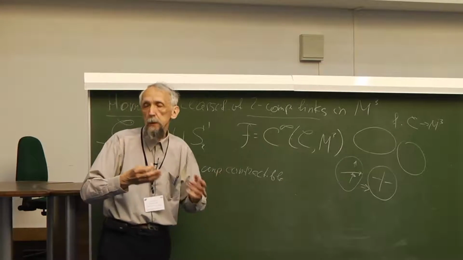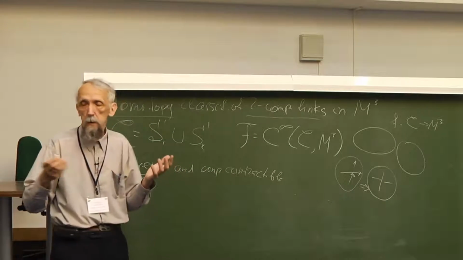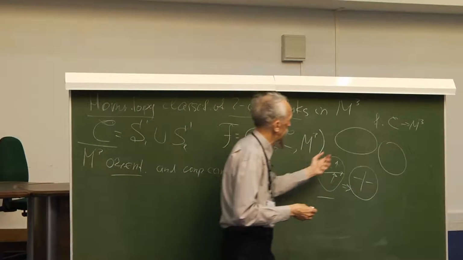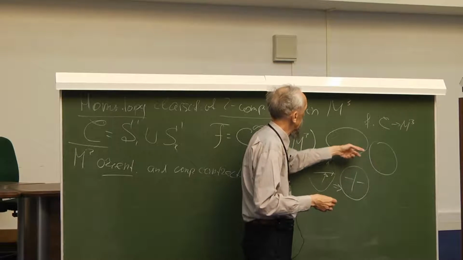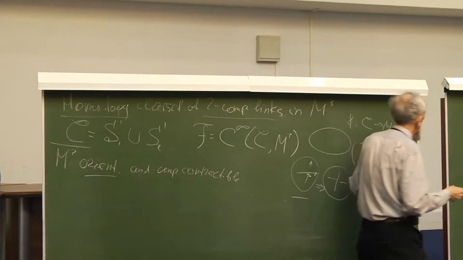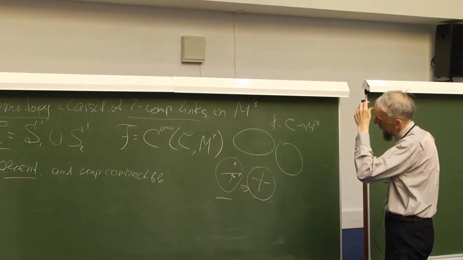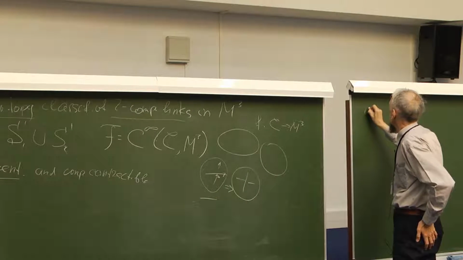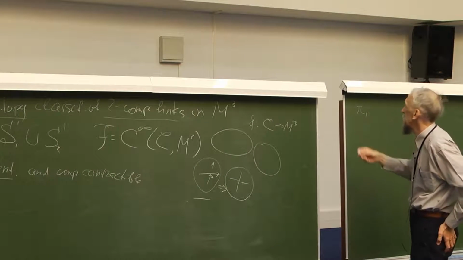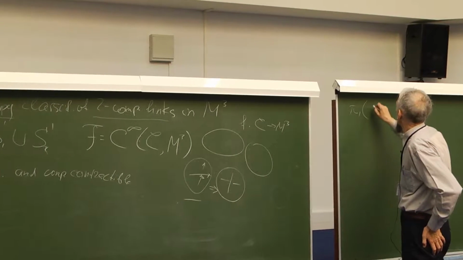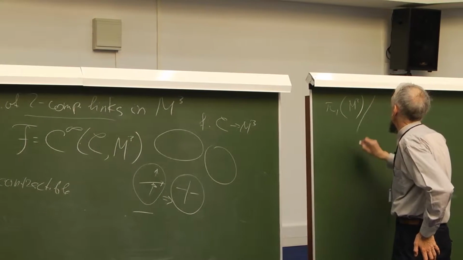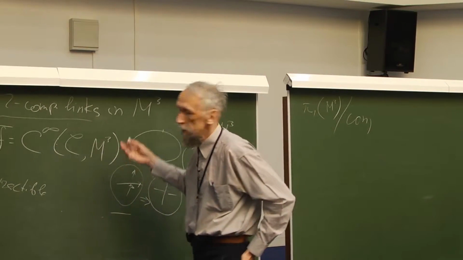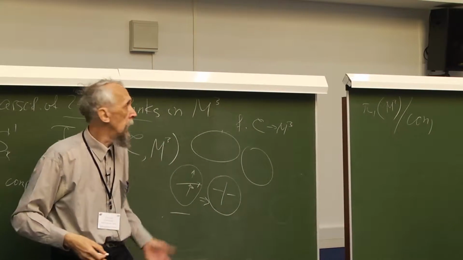Of course, the first invariant of such a link is the pair of homotopy classes of both our components. We consider the image of the first circle, and it defines some element of the fundamental group of the manifold, modulo conjugation, because we don't fix the base point.